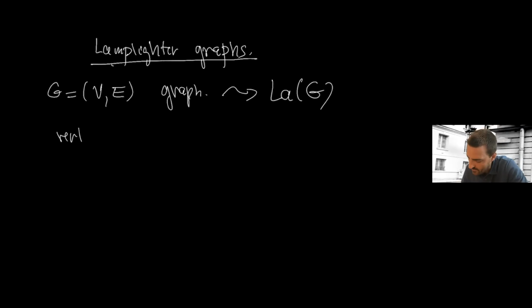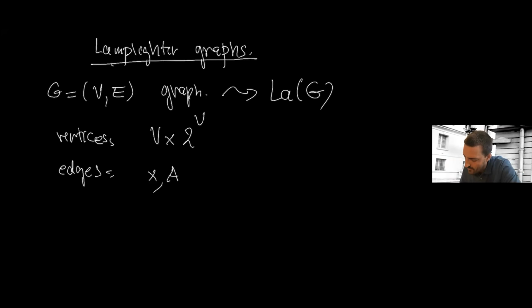The vertices are the set V times, if V is finite, the power set of V. I'm mostly going to talk about finite graphs, but otherwise you just take the finite subsets of V. So this is the set of vertices, and the adjacency relation is defined as follows. This is a generic point in your graph.